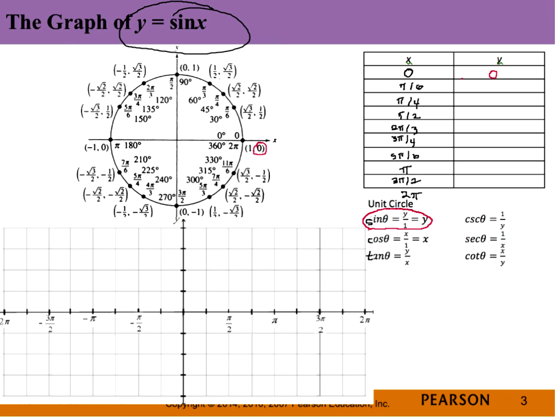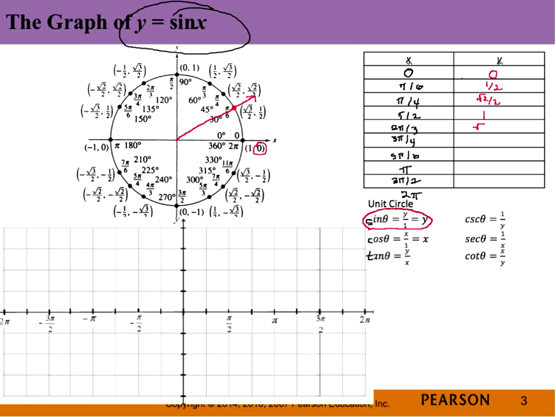If I'm talking about the sine of pi over 6, it's that angle there with the point on the circle being square root of 3 over 2 and 1/2. So the sine of pi over 6 is 1/2. The sine of pi over 4 is square root 2 over 2. Sine of pi over 2 is 1.